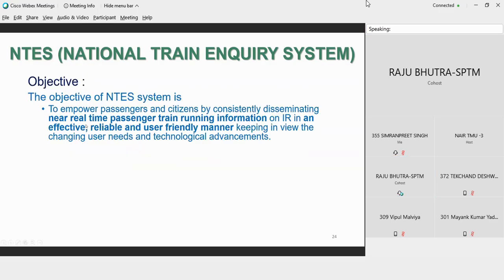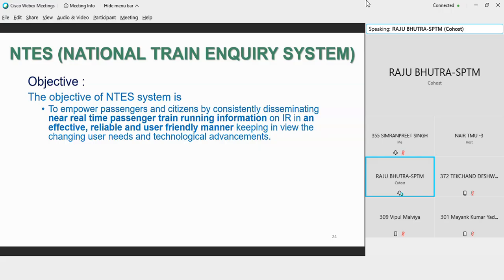The objective of the NTES system is to empower passengers and citizens by consistently disseminating near real-time passenger train information on Indian Railways in an effective, reliable, and user-friendly manner. It has to be reliable also, so that people have faith in it, and user-friendly.